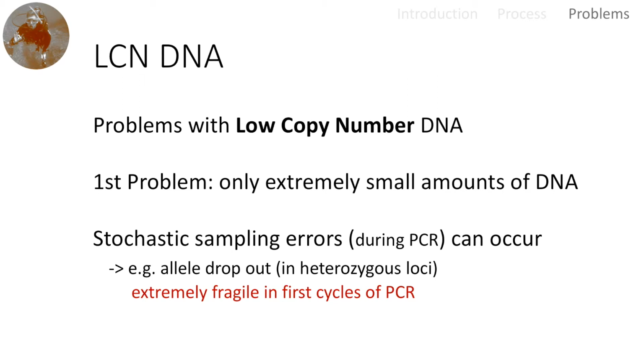That means if the amplification of one DNA strand fails, especially in the first cycles of the PCR, it can lead to allele dropout. And this can then ruin the whole PCR. So LCN is extremely fragile to this PCR method because of the first cycles. There just has to be one mistake in the first cycles and it will continue for the rest of the cycles.